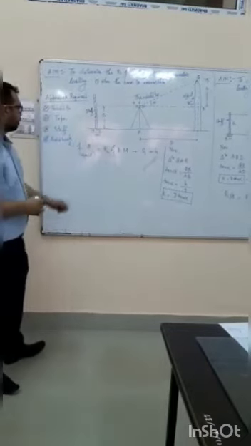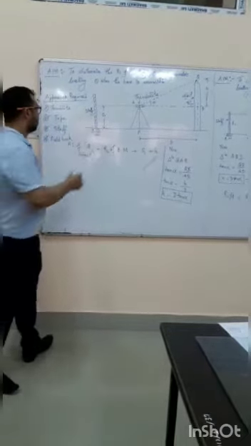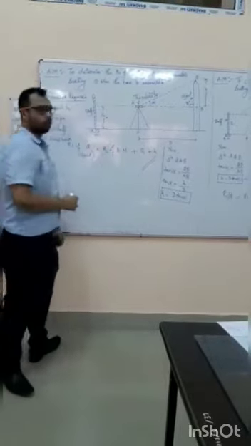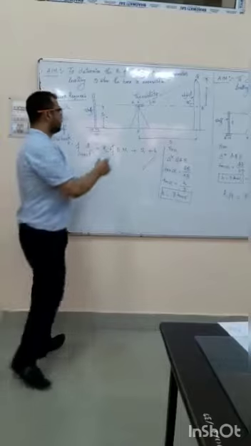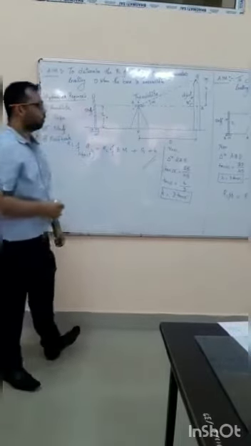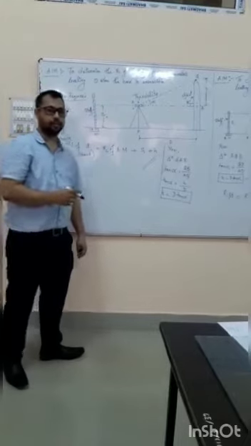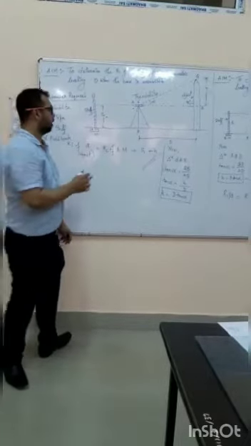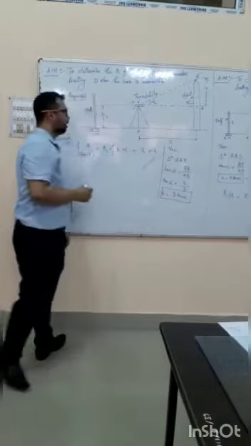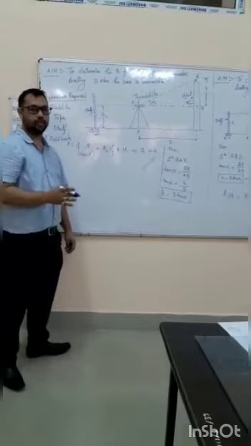Okay, after getting the reading S1, we have to focus on the top of the object using the theodolite and measure the vertical angle alpha. We all know we can use a theodolite to measure horizontal and vertical angles.